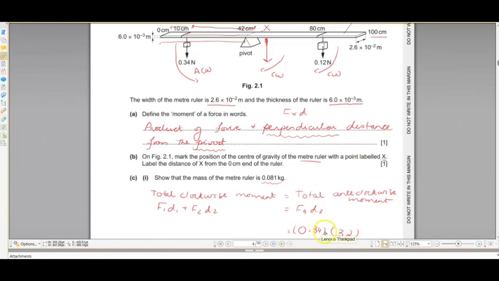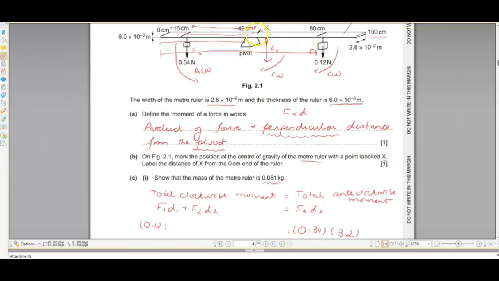Now we should go towards the clockwise movements. So the clockwise movements basically F1 and D1, this, let's suppose, and this to be F2. Now 0.12, and the distance of this from the pivot, from here to here is 80.